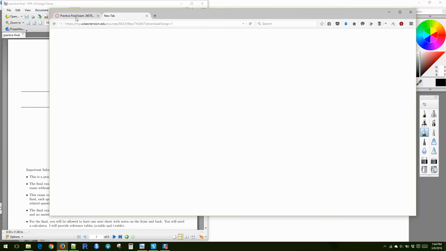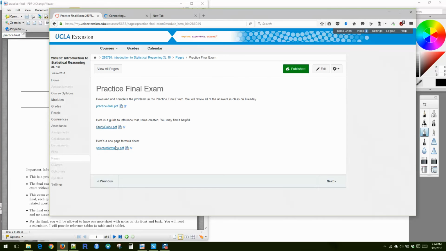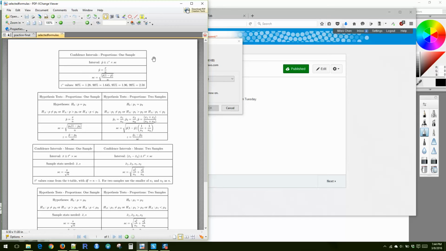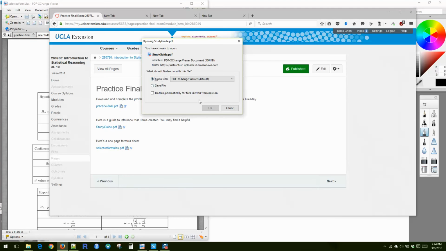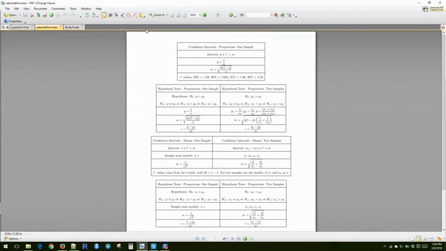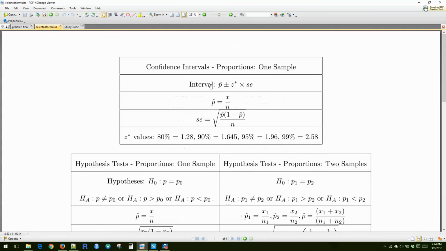You also have, I've created maybe two study aids. So one is a formula sheet, okay, which provides all of the formulas that you need for all of the stuff we've covered. So we've got confidence intervals for proportions with one sample.